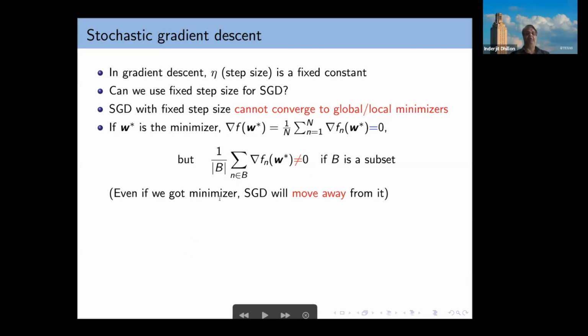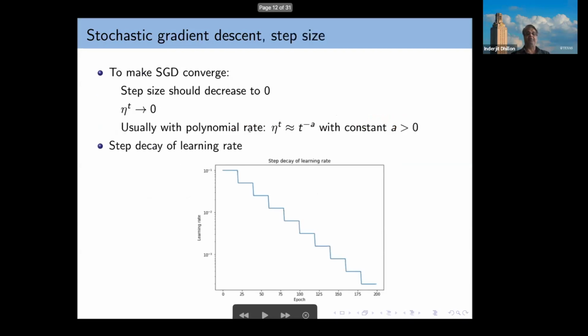So even if we are actually at the minimizer, SGD will move away from it. So you don't want to keep a constant step size. What you should do is decrease the step size to zero. As t increases, the step size should go to zero.